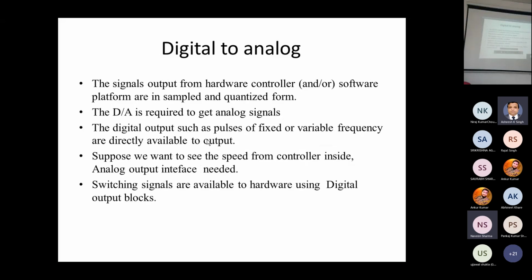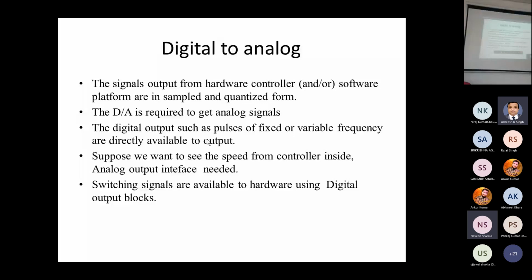So digital to analog outputs are generally used to get the analog output from the controller. Suppose we have pulses given to the hardware power electronics converter, then we need only the digital output from the controller, and we will not use digital to analog converters.